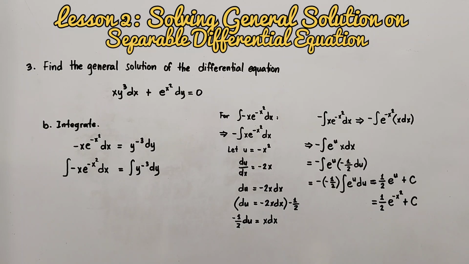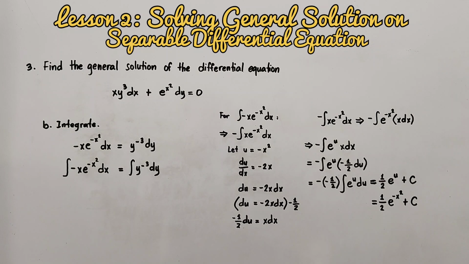The goal is to make an equation equivalent to x dx. So what we did, we just multiply both sides of du equals negative 2x dx by negative 1/2. So du times negative 1/2 is negative 1/2 du equals negative 2x dx times negative 1/2 is positive x dx.